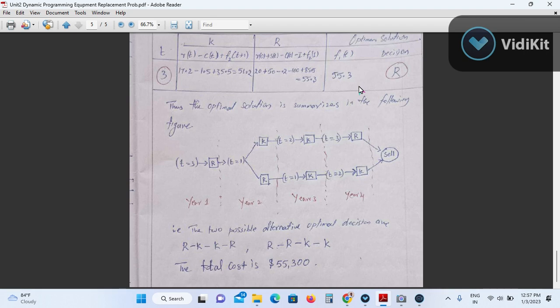Therefore, I am moving this side. So if you replace, you are going for this case, 1. That is in year 2, from the table, you are going to observe from stage 2. From stage 2, you choose the 1-year-old machine, that is new machine.